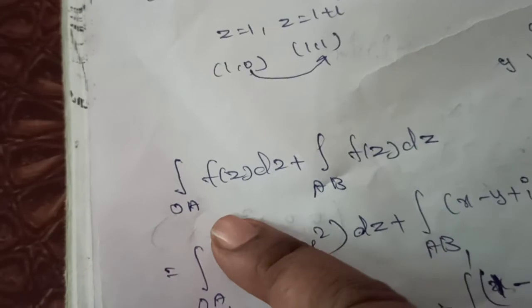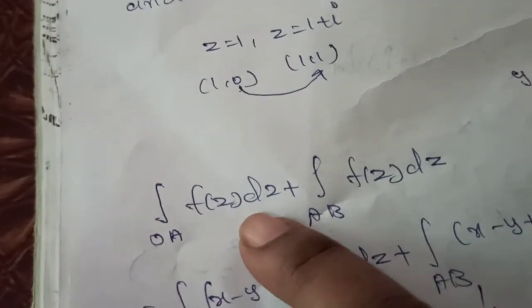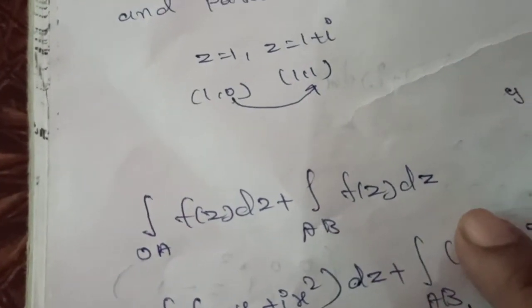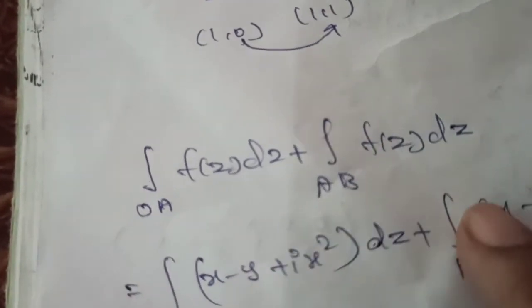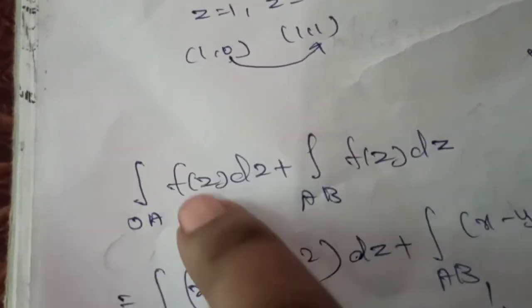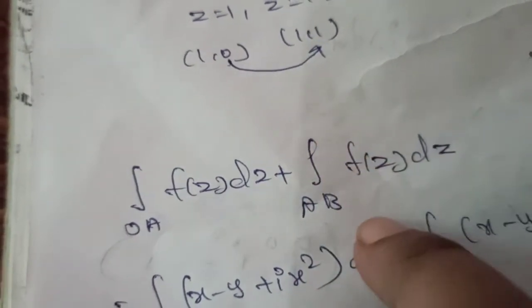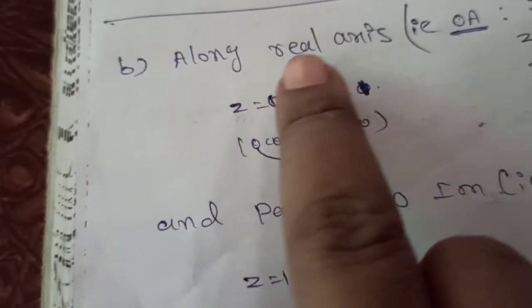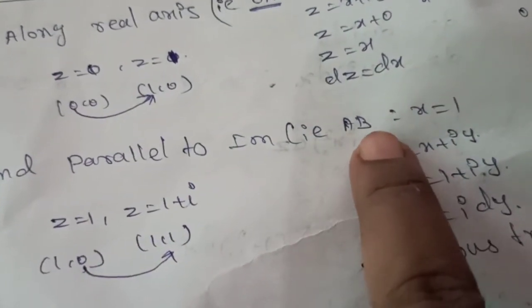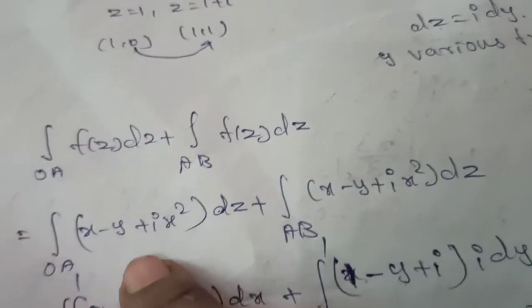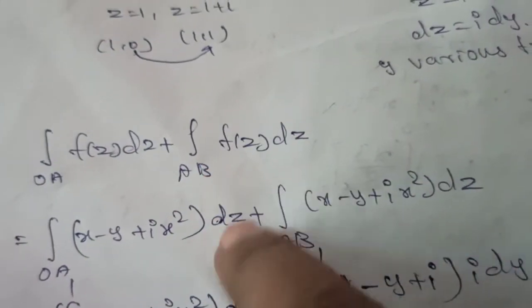Next, we take the real axis OA and the line parallel to the imaginary axis, AB, and add them as a line integral: the integral along OA of f(z) dz plus the integral along AB of f(z) dz.